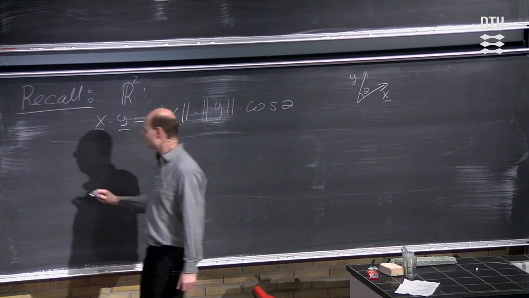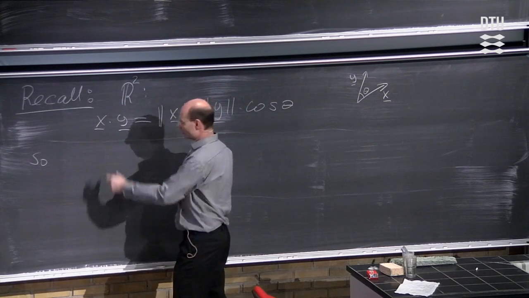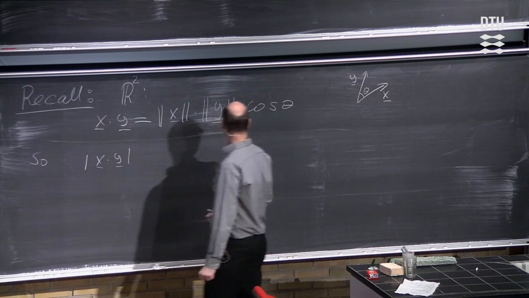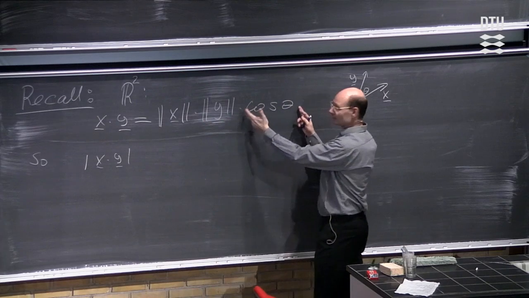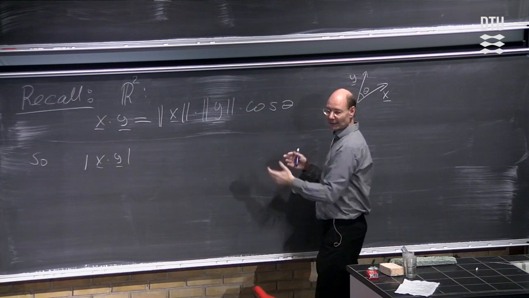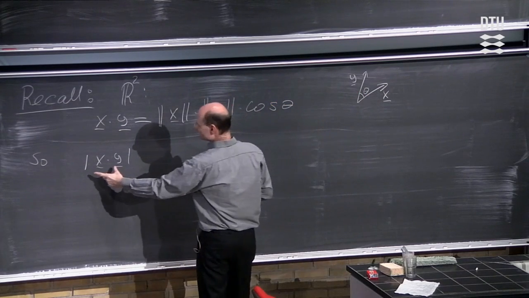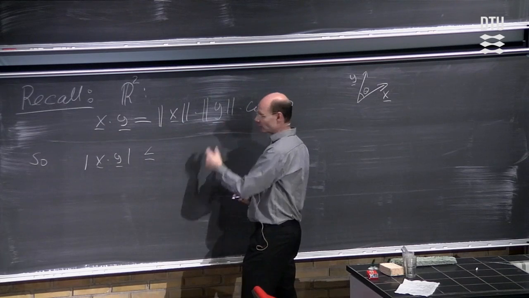So what this means is that if you're looking at the absolute value of the inner product, then this is equal to the length of x times the length of y times the absolute value of the cosine. And the absolute value of the cosine is at most equal to 1. So in other words, this absolute value is smaller than or equal to just the length of x times the length of y.